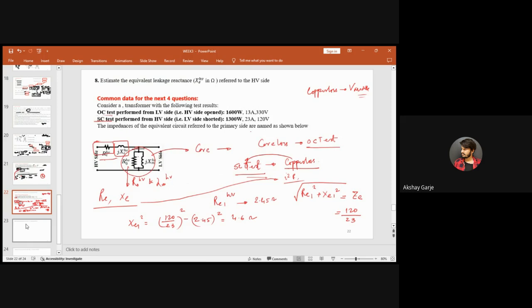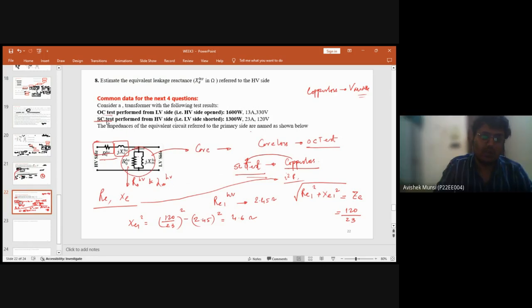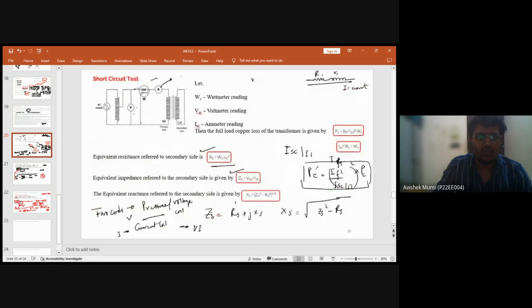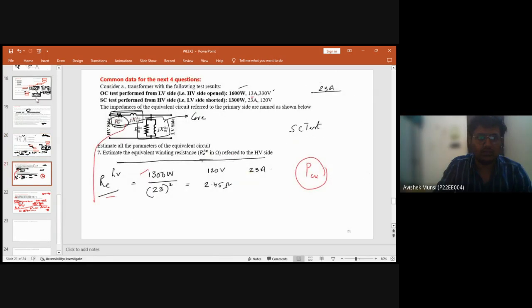That's why W divided by I square will remain the same in any rated or this test also, because you are given the short circuit test parameters. If you're not given the short circuit test parameters, then you have to calculate the LV side parameters. Then you have to go through the open circuit test and all. But as I showed over there, from short circuit test, we have to calculate the LV side. Yes.